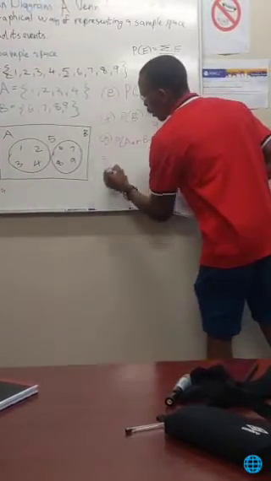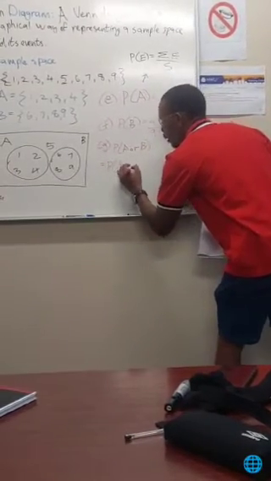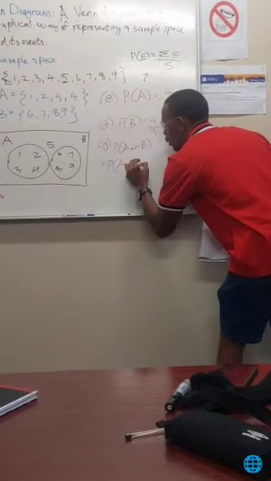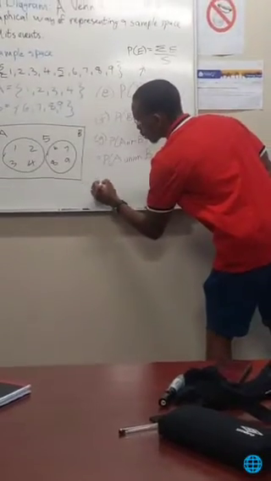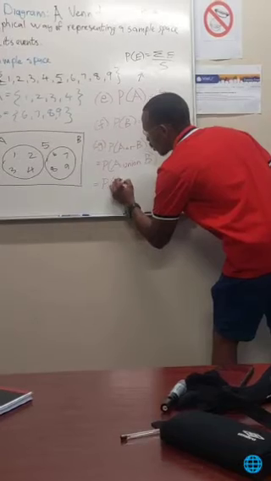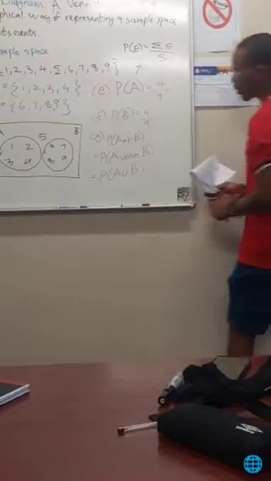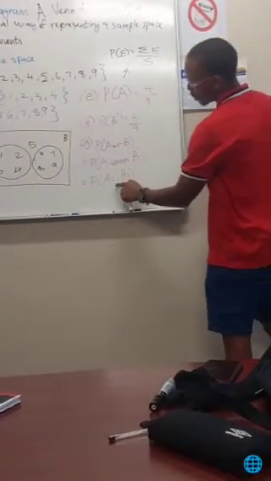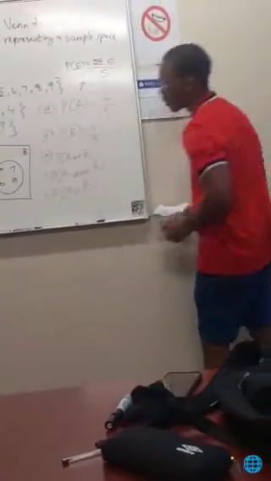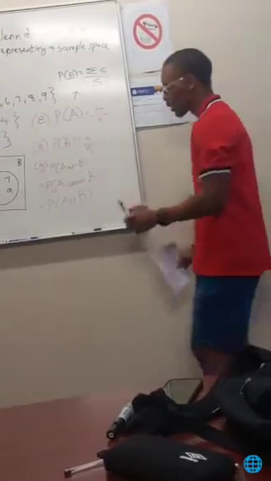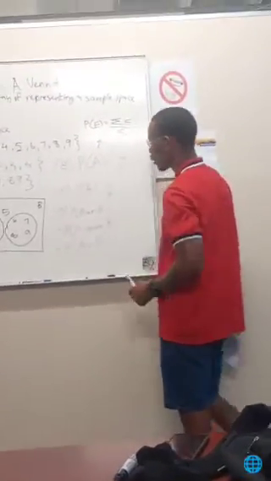They might also ask you in this form: A union B, which is also the same as this. This symbol right here, the U for union, means all. So most of the time they're going to ask you like this. But you have to know what they're saying. They're saying the probability of event A or event B occurring, right?